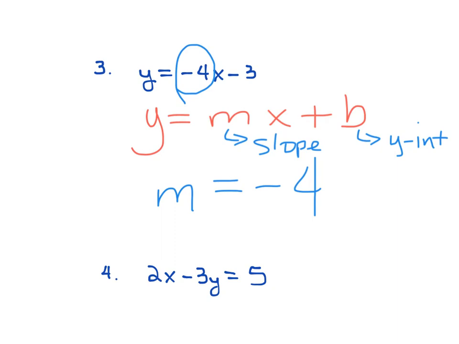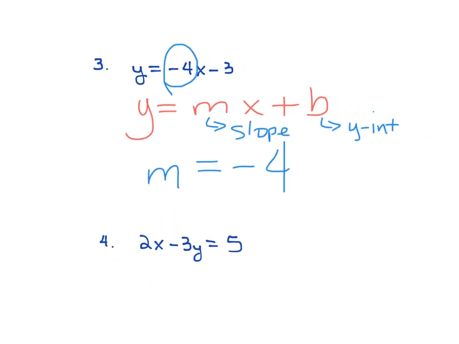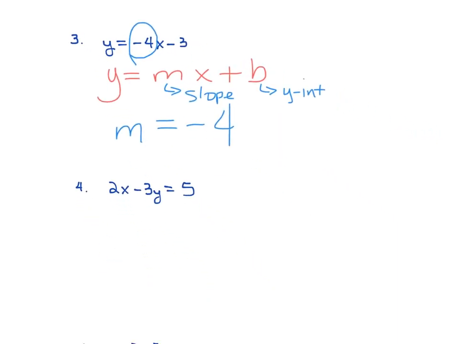For the next one, it's in standard form. Now, someone in my other class said, well, can I plug in the zeros and find the intercepts? Yes, you can, but then you have to do the slope formula. So for this, what I would do is rearrange it into slope-intercept form and then just take the number in front of x. You can do this many different ways. So for me, the easiest way is to put it into y equals mx plus b form.